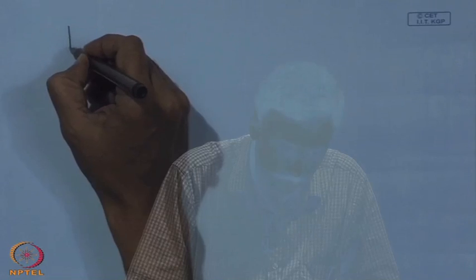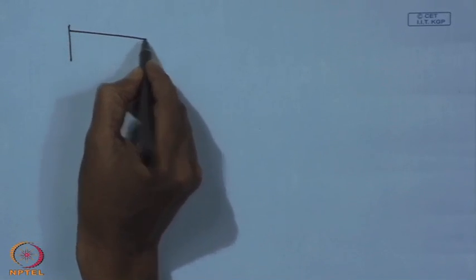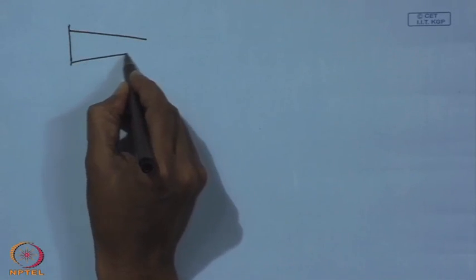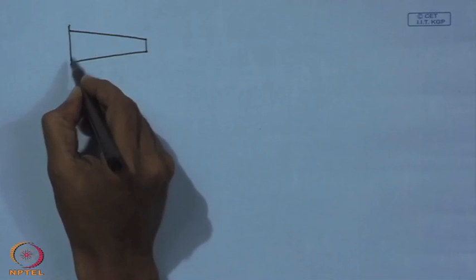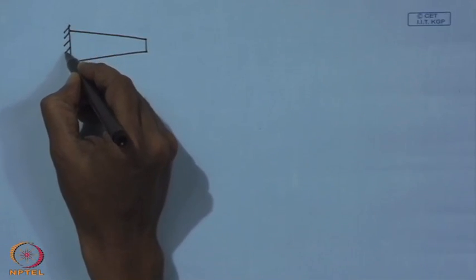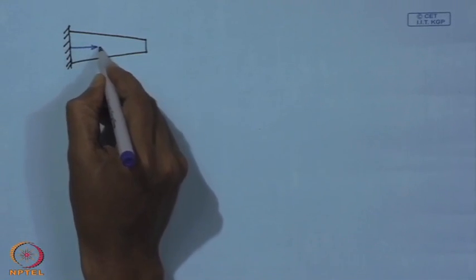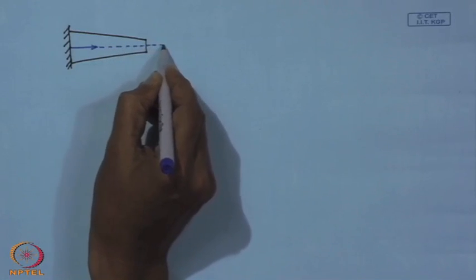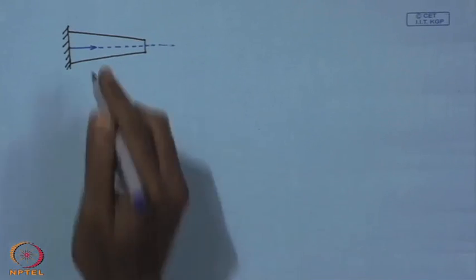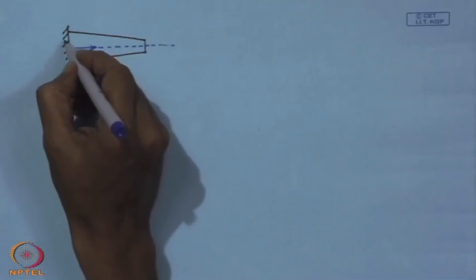Today we are going to take yet another example of a system consisting of a bar of varying cross section. So, this is a bar of varying cross section.